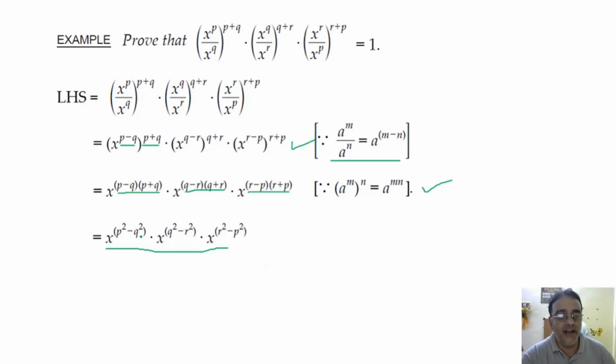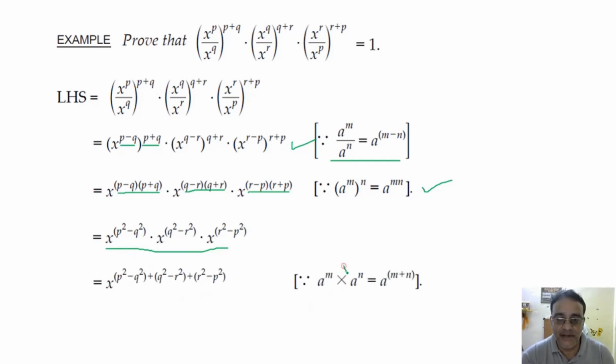So which law we have to use for this one? Into में है, बेस सेम है. a to the power of m into a to the power of n is equal to a to the power of m plus n. Right. That rule is for either 2 or 3 numbers or 4 numbers. Okay, we have to add the powers. So according to that rule, now we are going to add the powers.